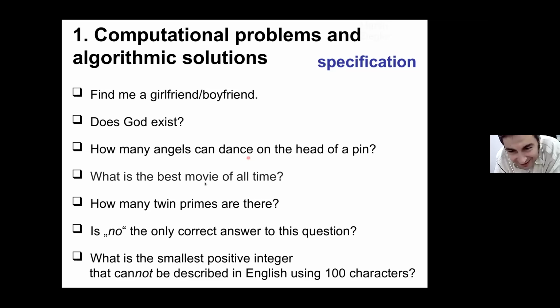Then there are things like: how many twin primes are there? This is a little bit closer to what a computer can do, because a computer can check what numbers are twin primes, and it can output a certain number of twin primes. But the proof of whether they are finitely or infinitely many, no computer can find. Mathematicians generally think that they better think about these problems by themselves and not let the computer prove for them.